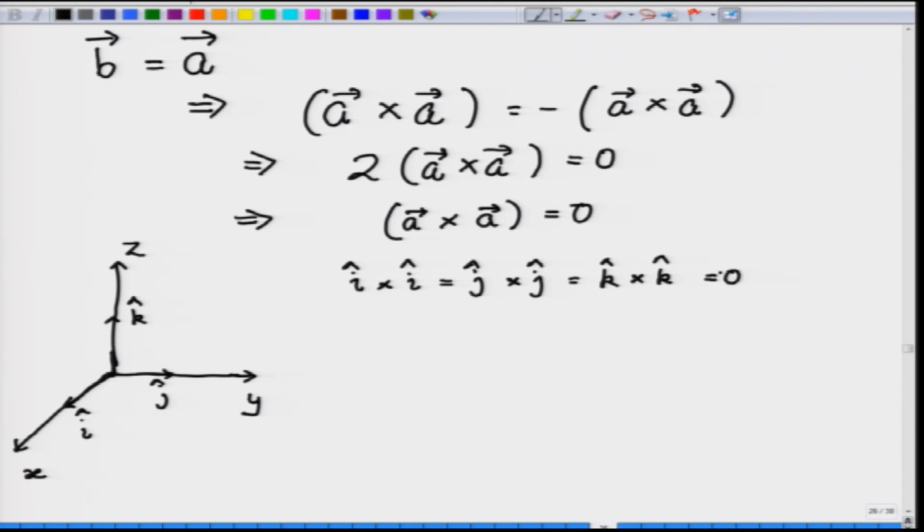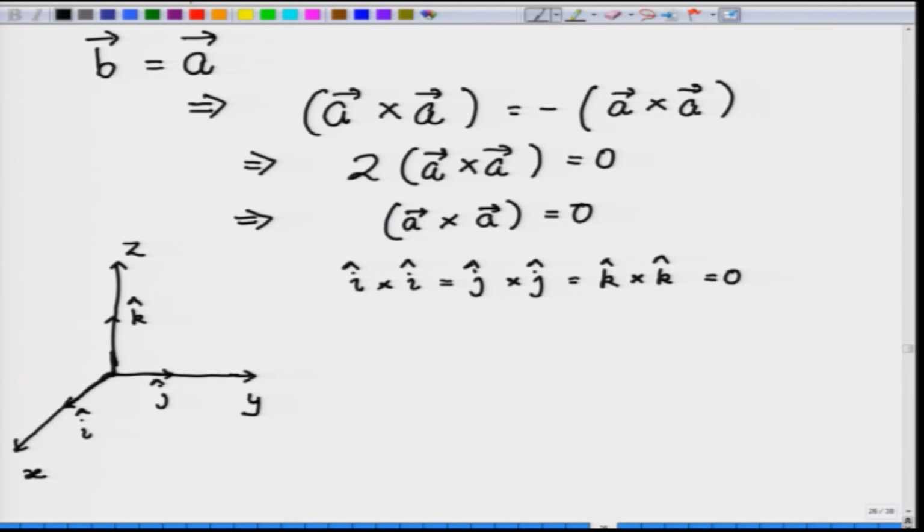Now, what is i cross j? That is, if I move i towards j. So, basically i and j are in the xy plane. If I am looking from this side and I am moving i to j, right.